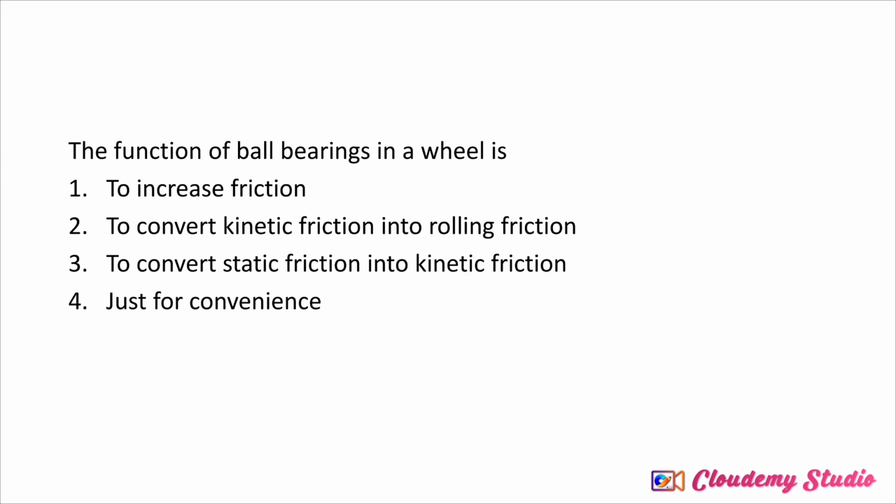The function of a ball bearing in a wheel is to increase the friction, to convert kinetic friction into rolling friction, or to convert static friction into kinetic friction. To convert kinetic friction into rolling friction. That is the ball bearing.